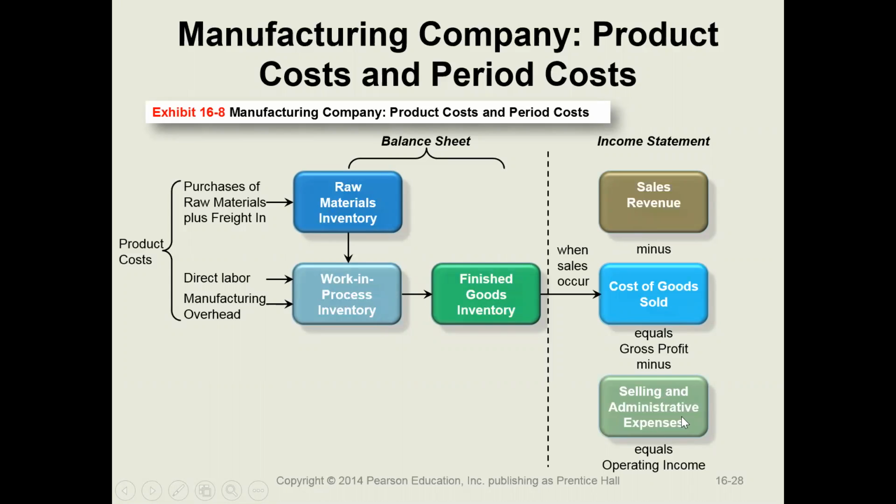Then you subtract the selling and administrative expenses to get operating income. Okay, so the selling and administrative expenses, as we saw in a chart earlier, are period costs, those costs that we keep track of by period, so by month, by quarter, by year. Cost of goods sold, again, because it involves these three costs, those are product costs.